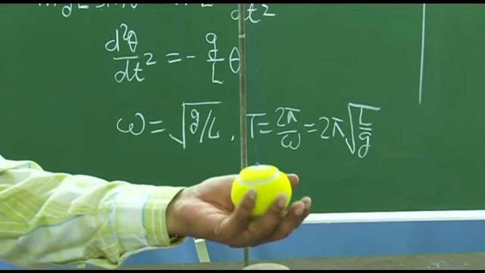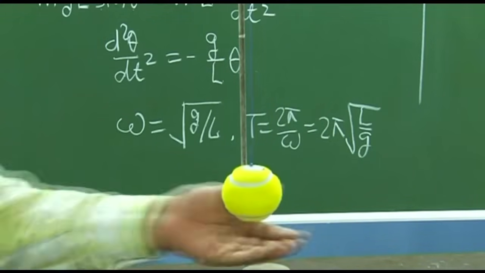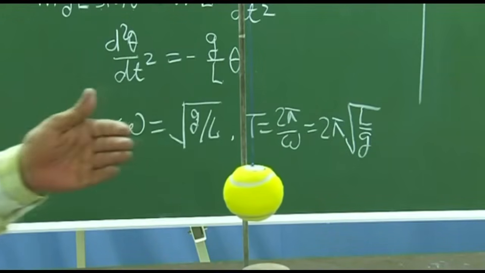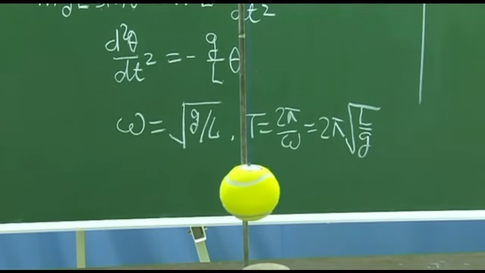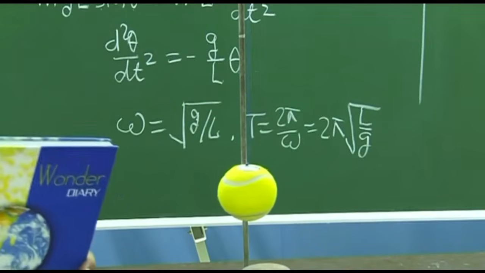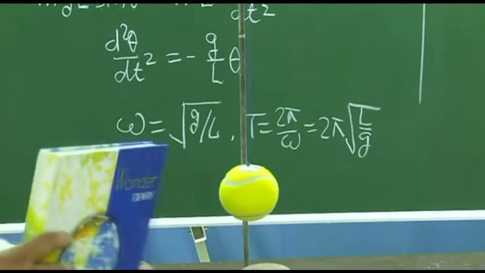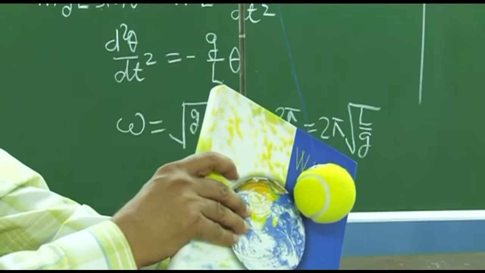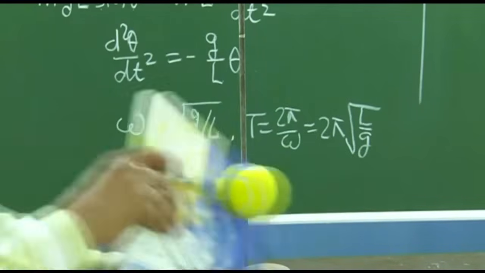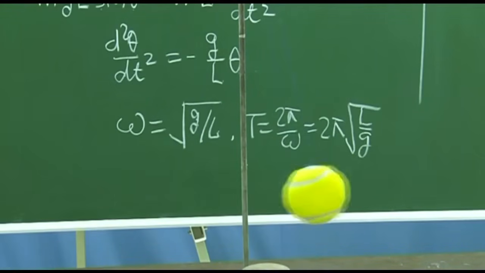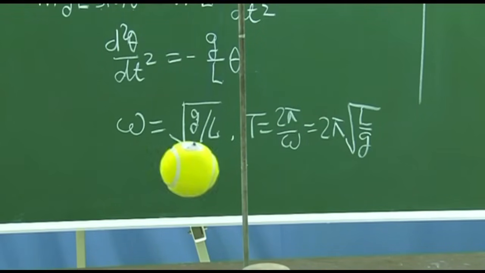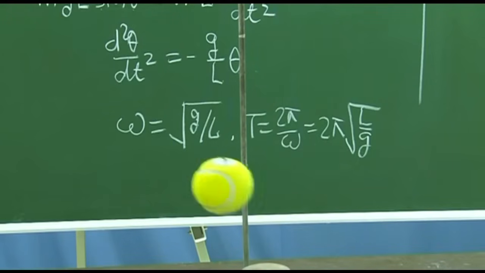Now, in the third case, I will pull it in a direction making some 45 degree type angle with that plane, and then let us see what happens. So, I am taking it in some inclined direction like this and releasing. Indeed, I released it with v equal to 0. Initial velocity, I have not given any transverse velocity.